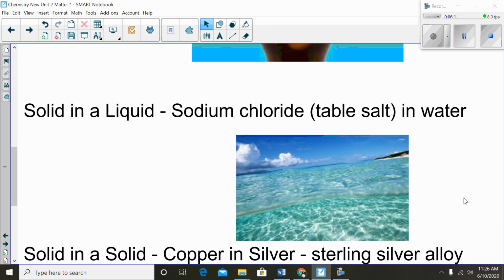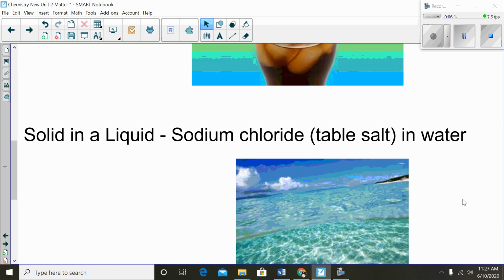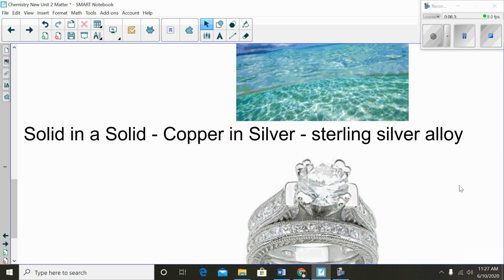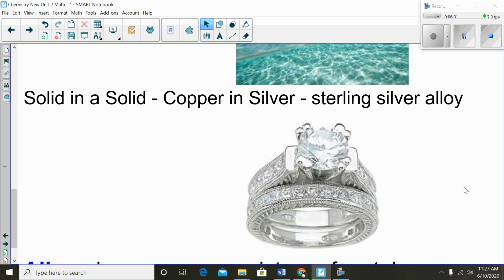How about a solid in a liquid? So the salt that's dissolved in the ocean, right? You know that it's there because if you ever had a cut and salt water gets into the cut, you notice it right away. It stings. But there's no chunks of salt in the Pacific Ocean, for example, that's dissolved in that water. So you know it's there, you just don't see it. And then you can have a solid dissolved in a solid and not be able to tell the difference.